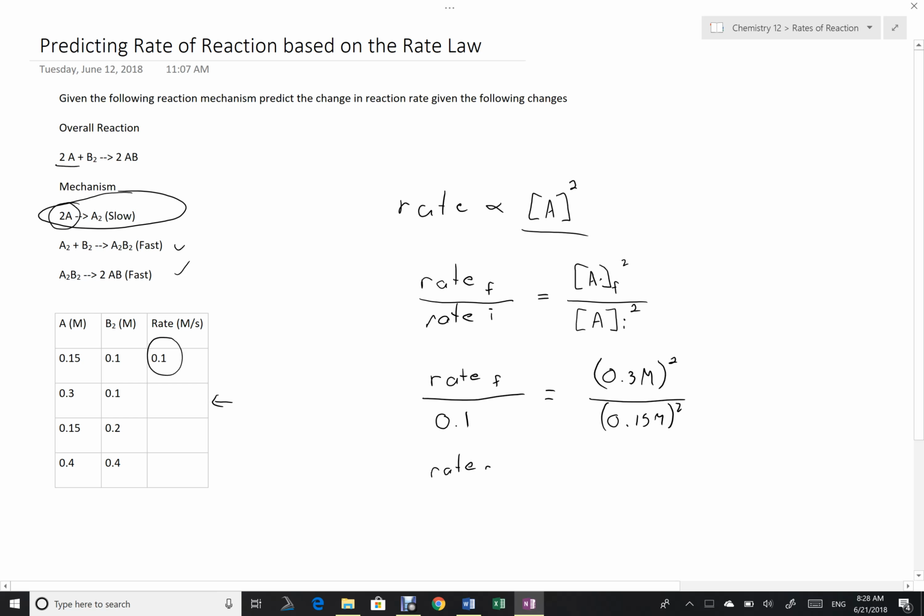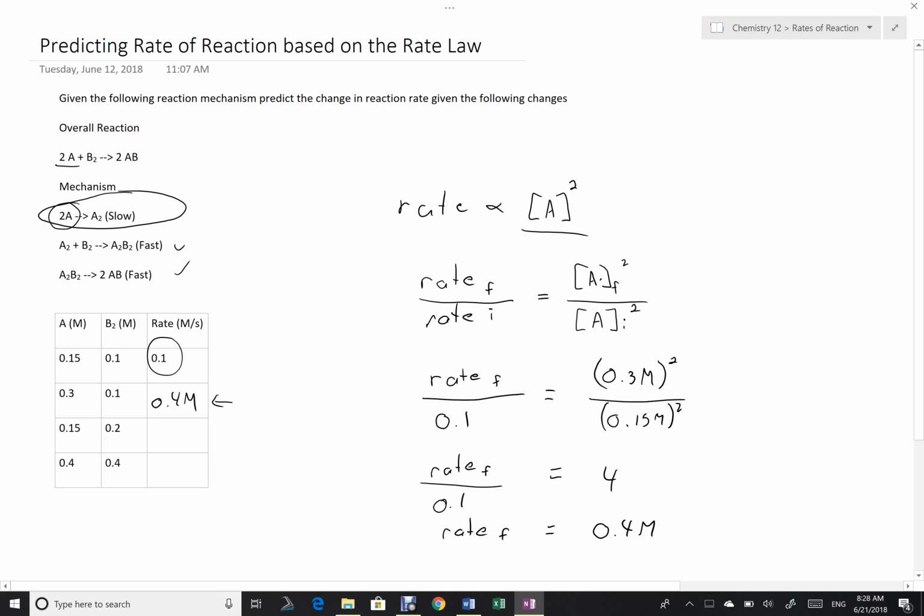So my rate in my final situation, if I do 0.3 squared divided by 0.15 squared, I'm going to end up with 4. So my rate in my final situation is going to be 0.4 molar. So that's that one.